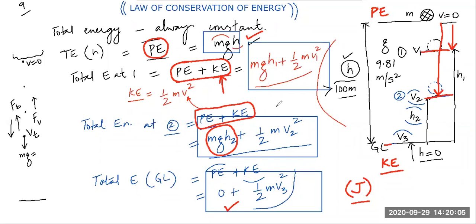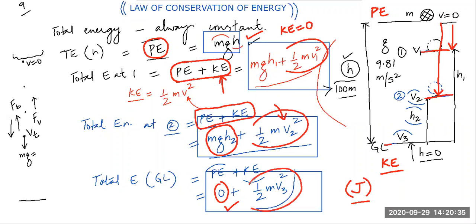But the kinetic energy increased because v2 is increasing. Finally, students, potential energy keeps on decreasing and becomes 0. And at the upper level, kinetic energy is 0. From 0, it is increasing to half mv1 square, then increasing to half mv2 square, and finally what is the value for kinetic energy at ground level?